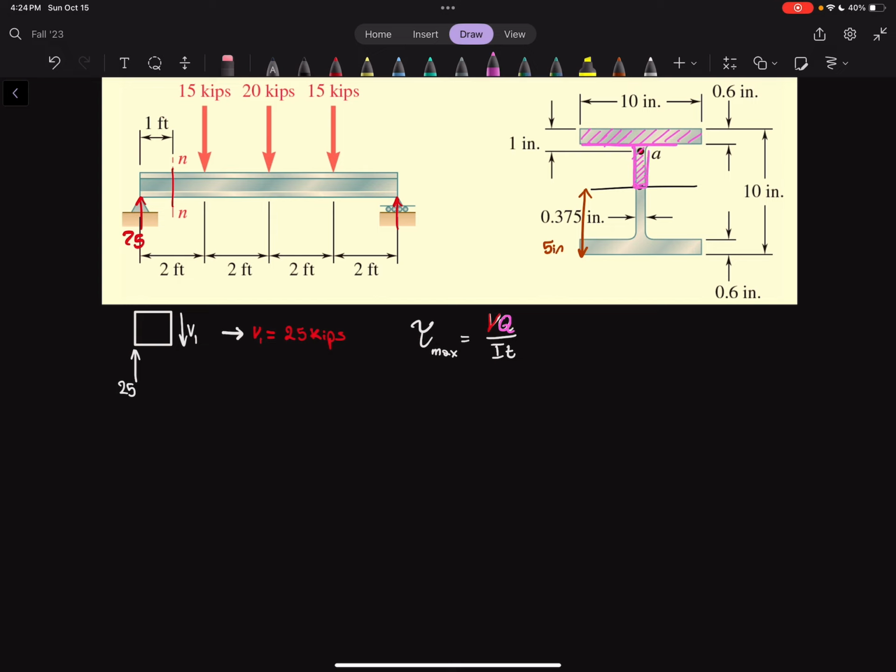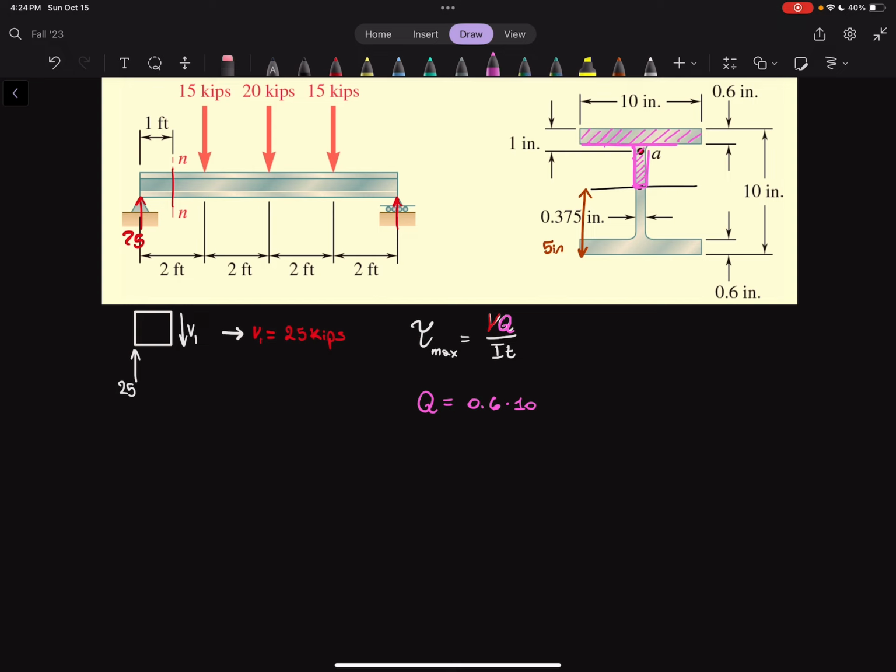Then we can decompose this into these two portions. And so my Q is going to be equal to the area of the first one, the top one, times its distance. So 1 times 10, and no, be careful, it's not 1, it's 0.6 times 10. How far is the centroid from the neutral axis?